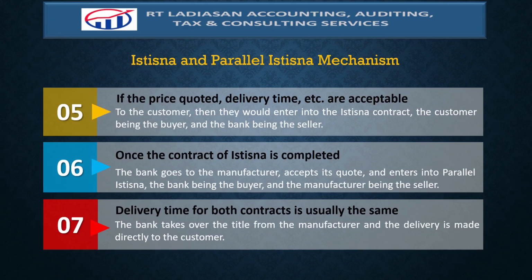And finally, the seventh step is the delivery time for both contracts is usually the same, where the bank takes over the title from the manufacturer and the delivery is made directly to the customer. So these are the steps involved in istisna and parallel istisna.